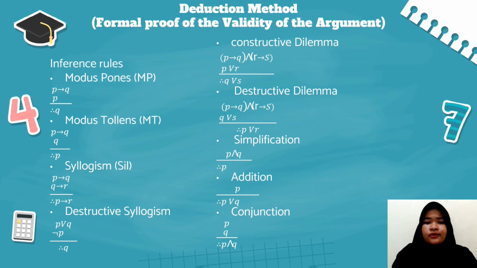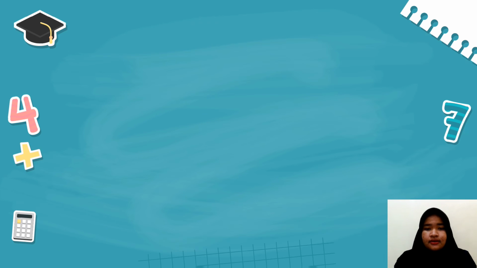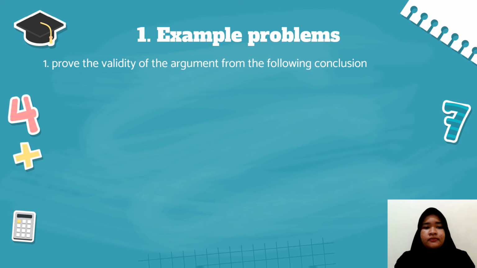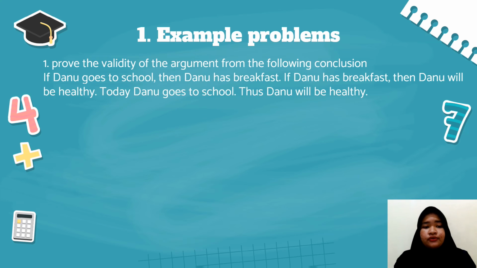There is only one premise, P, and the conclusion is P or Q. The last one is conjunction. There are two premises, P and Q, so the conclusion is P and Q. Then, example problems of the validity of an argument from a conclusion.